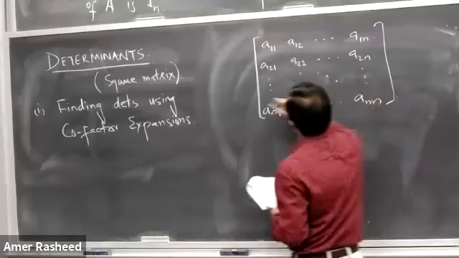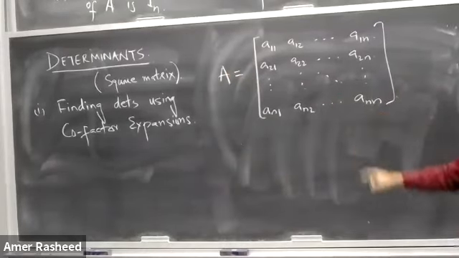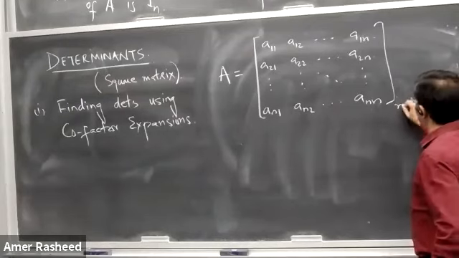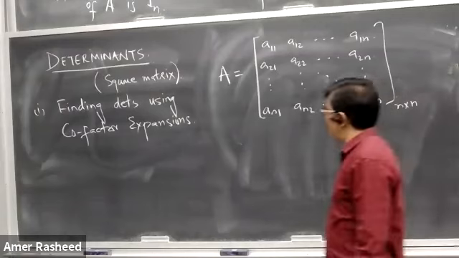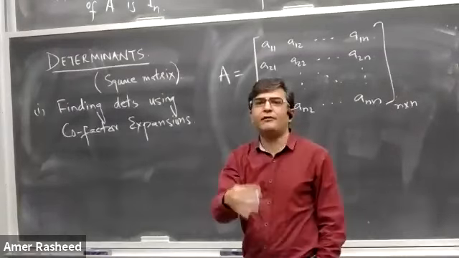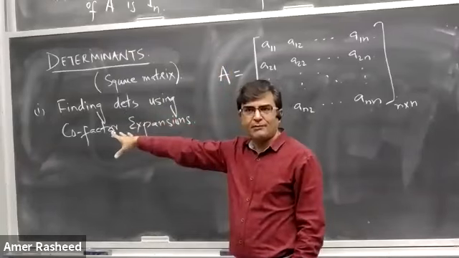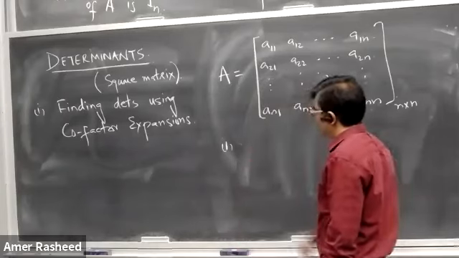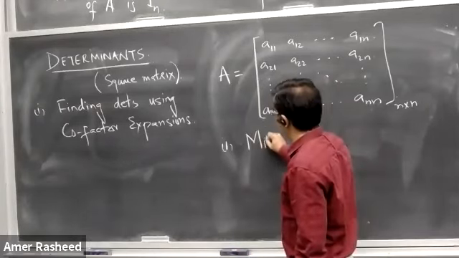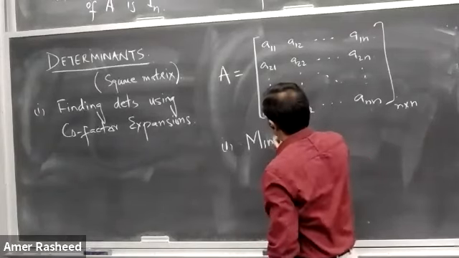So this is your given matrix A, whose order is n cross n. Now, what is the minor of a matrix? We need a couple of basic definitions in order to define this cofactor expansion method.